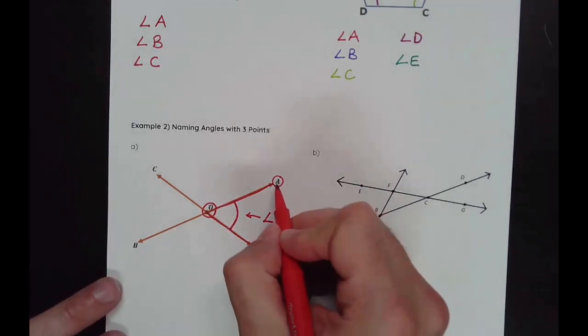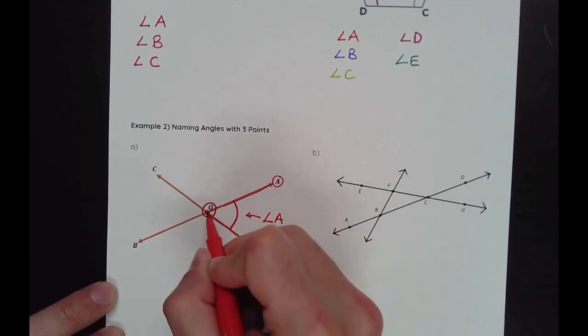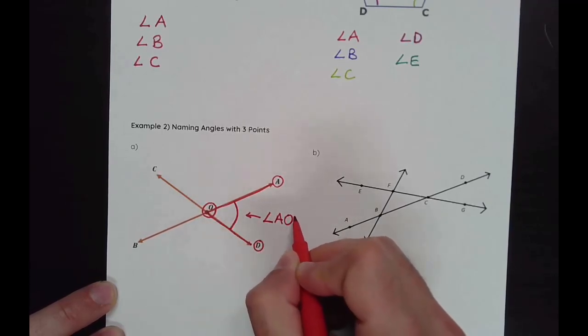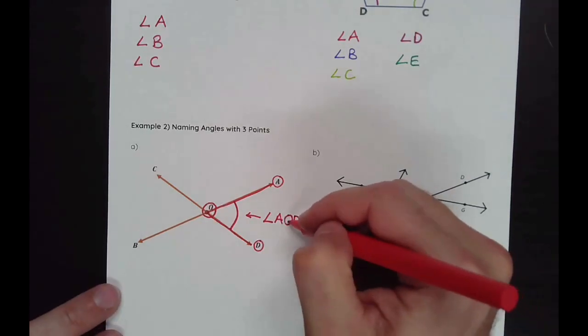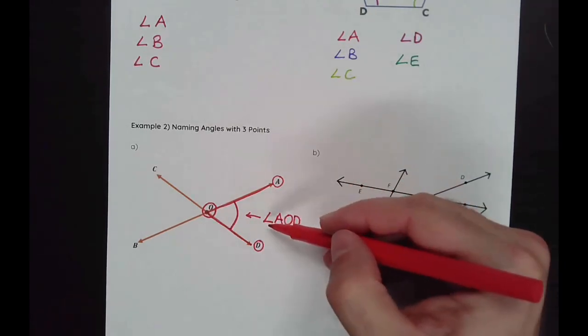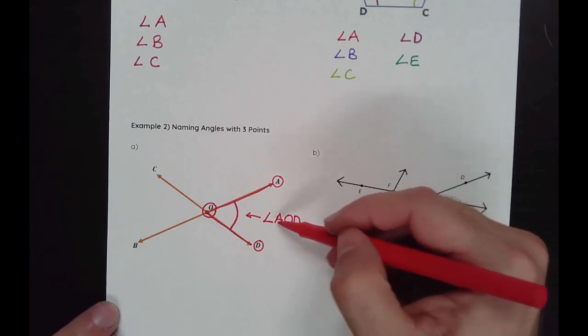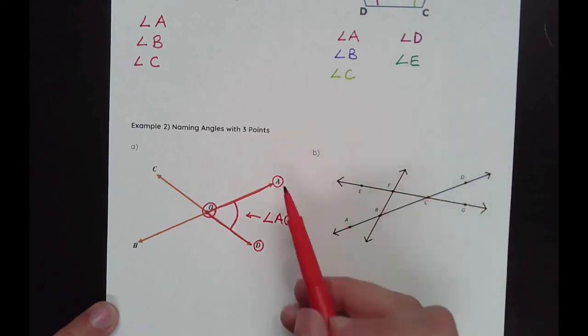So I'm going to go from point A to point O to point D. So I would label that angle AOD. So I use my angle symbol, the letters A, O, and D. This is like directions on which point to start at, where to go, and where to go from there. So A, O, D.